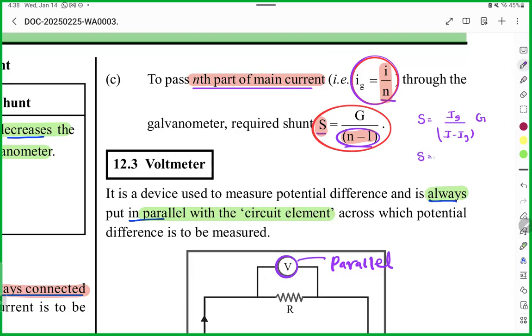If your Ig value is I divided by N, where I remains the same, then take the LCM, common G outside, so you can calculate this value and it will be this. Ask me your doubt.